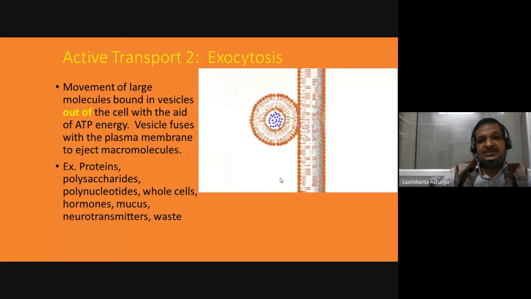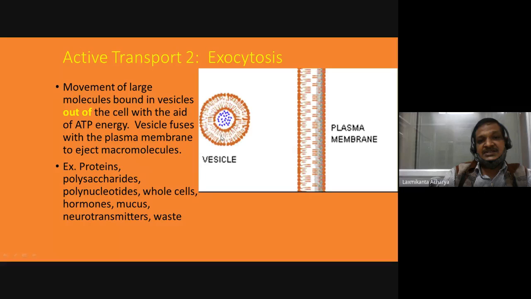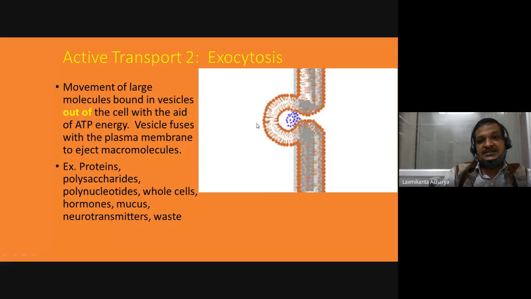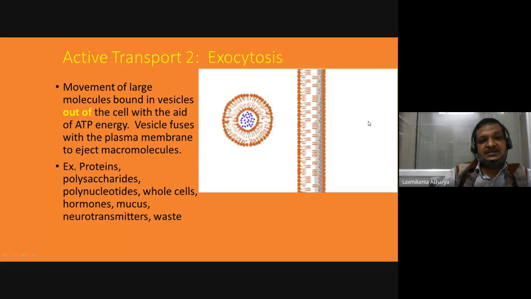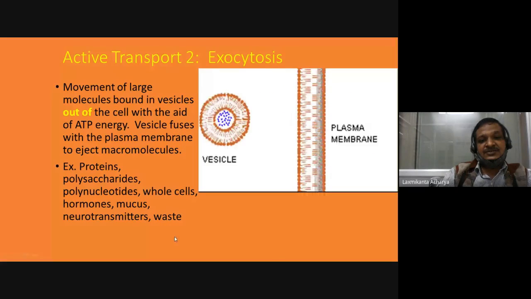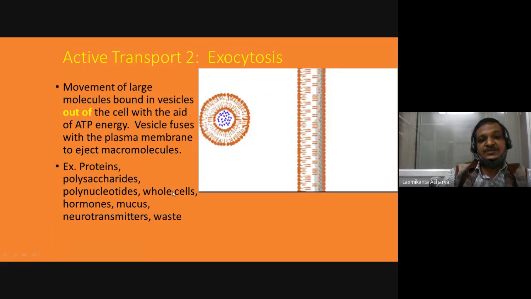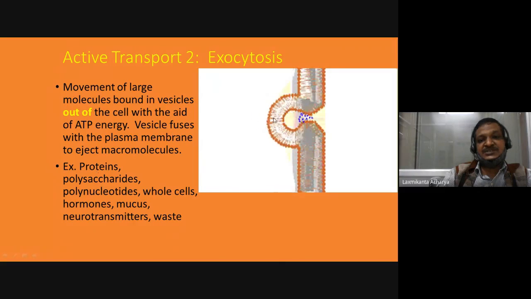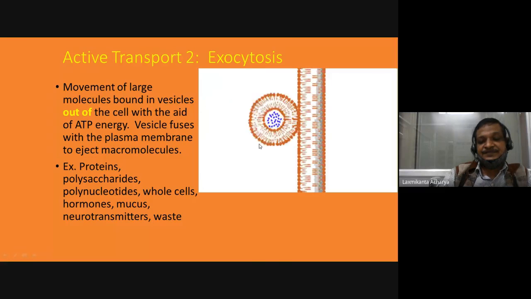Here there is a vesicle, and inside the vesicle the unwanted things are there, and it gets attached to the plasma membrane and is thrown out of the cell. So waste materials, neurotransmitters, hormones, mucus, polynucleotides, whole cells, polysaccharides, proteins can move out of the cell this way.